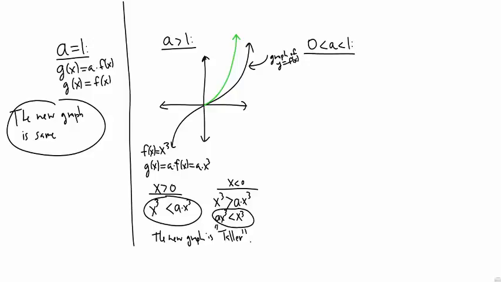And here is the rest of the graph of this new function. So we see that the new graph is taller. You also say the new graph is a vertical stretching of the original graph.